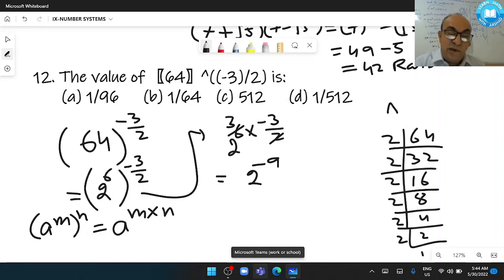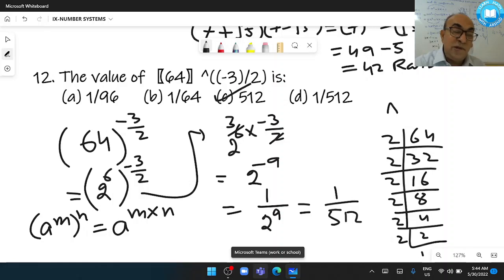It is in the numerator, so when you move it to the denominator, the sign of the power changes. So that is 2 power 9, which is 512. So 1 by 512 is the answer. So C bit is the answer.